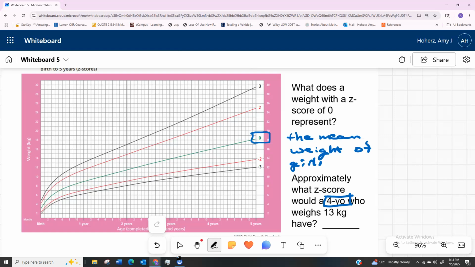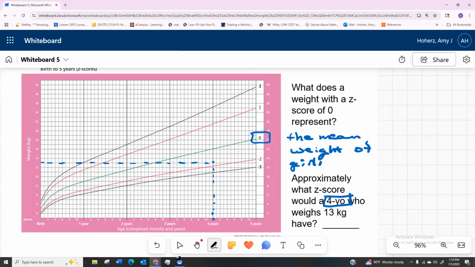Then you're going to look here until you find 13 kilograms, and then you're going to follow that over until you get to the 4-year-old. Okay, so we're going to keep going, and then we're going to mark that up from the 4-year-old. Okay, it looks like we've got everything lined up.